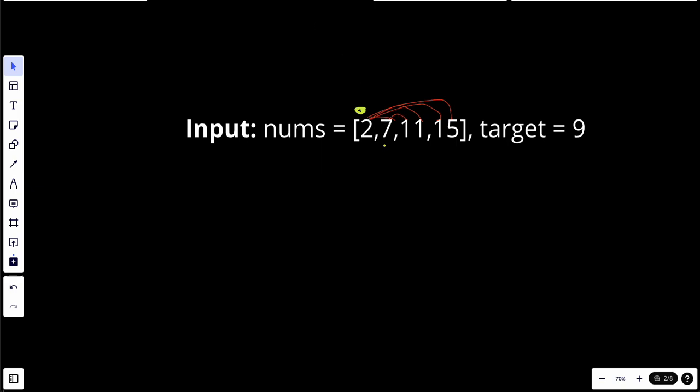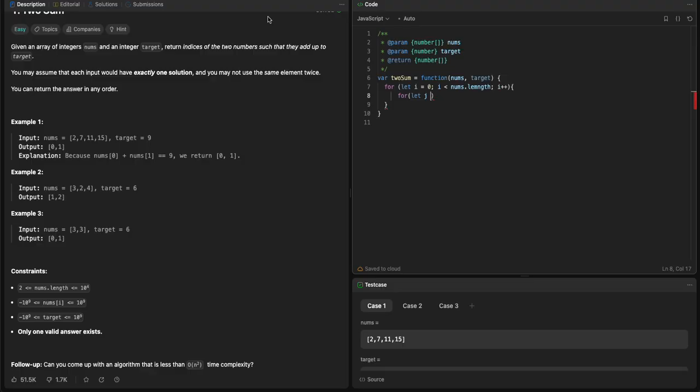So let j equal i plus 1, and j less than nums.length, and j plus plus. Oh, not k, that will make a huge error if we do put k.